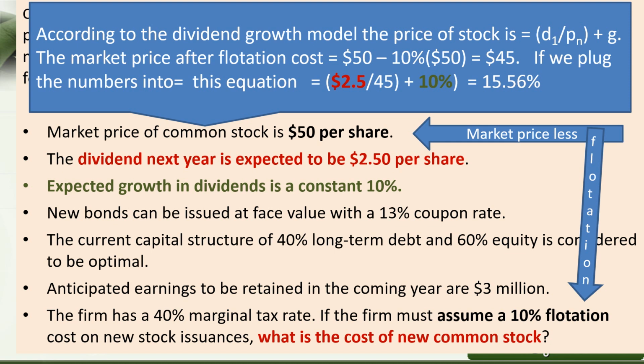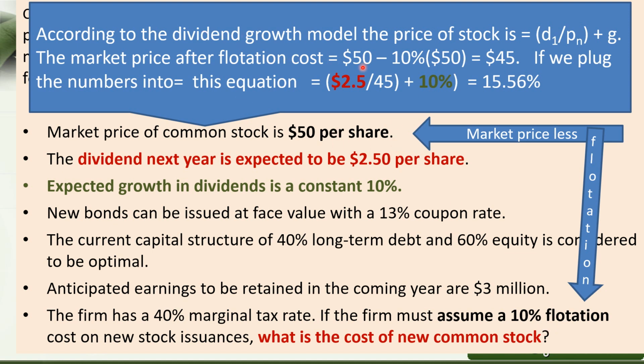According to the dividend growth model, the price of stock is based on D1, the dividend expected next year, and the price. The common stock price is $50 per share. From there you have to see also the flotation cost, so you have to deduct that. The 10% of the share price is $5, so 50 minus 5 is $45.